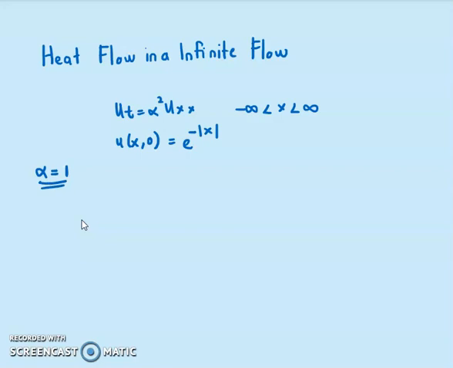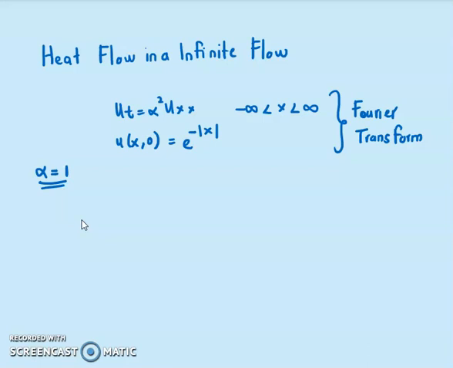Now if you look at that, for an infinite region, the best way to solve this is using the Fourier Transform. Let's look at some of the definitions of the Fourier Transform that will be useful.